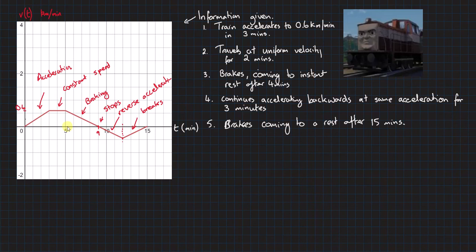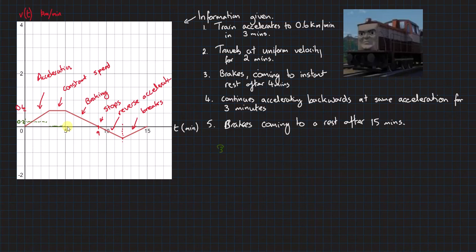So there's going to be some acceleration. And to do that over 3 minutes, that must be 0.2. 0 for that one. And then we've got to work out over for 0.6 over 4 minutes to decelerate. So this is my first little calculation I've got to do.